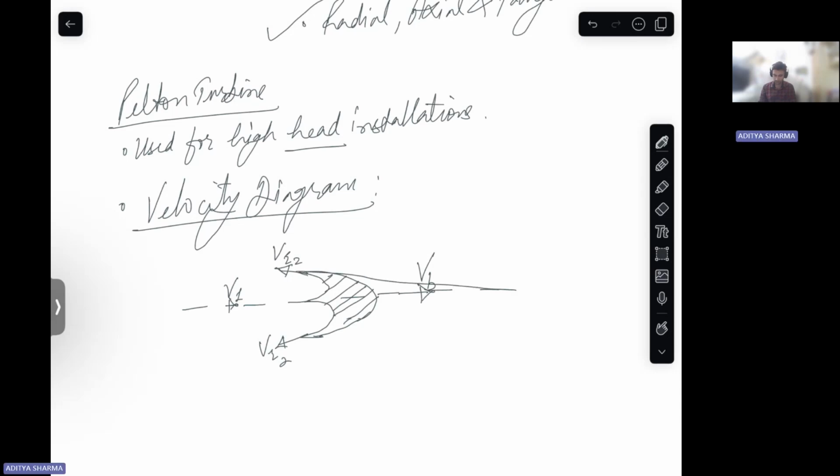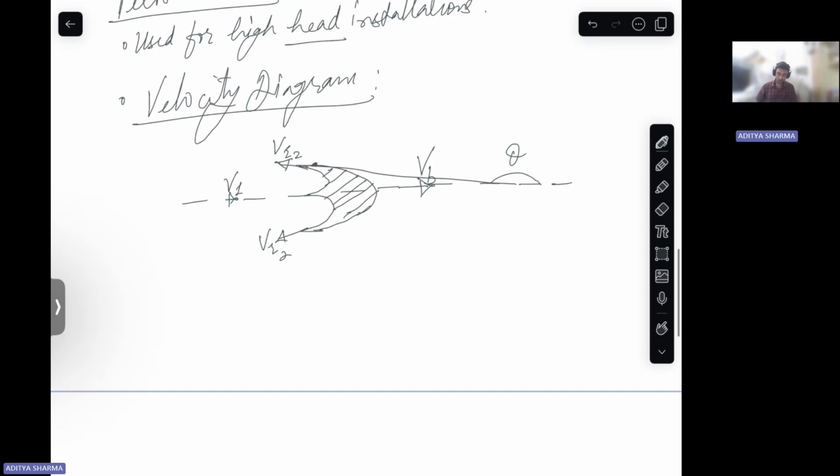Then if you join this with this, if you draw a tangent here and then take this angle, this is your deflection angle. Now you draw the velocity diagram. So this is your velocity diagram. This is VR2.